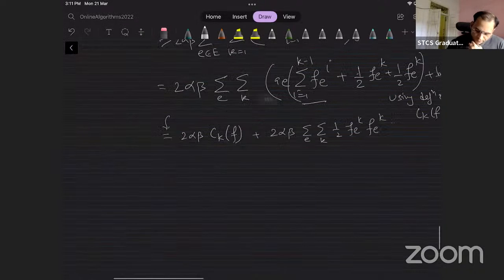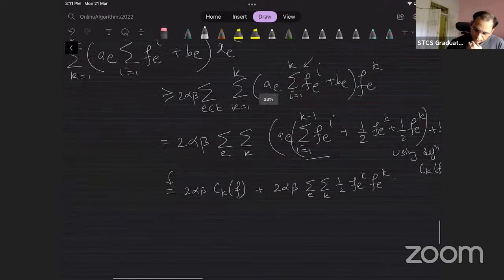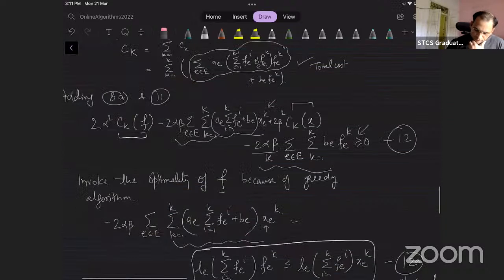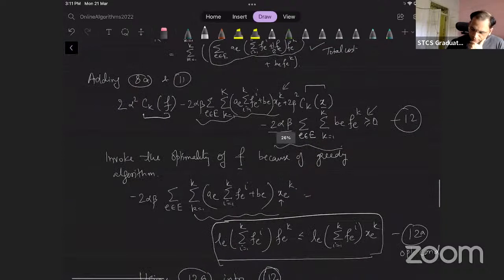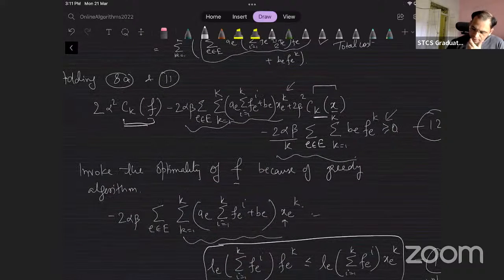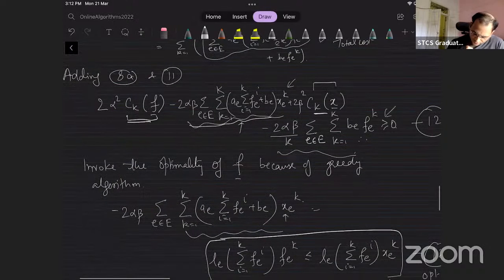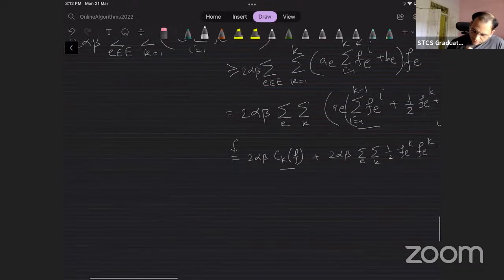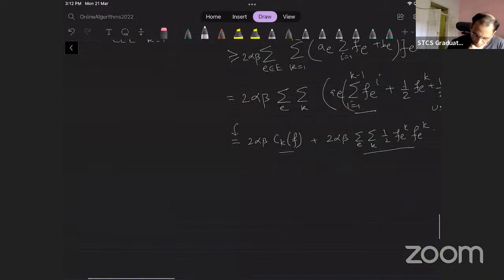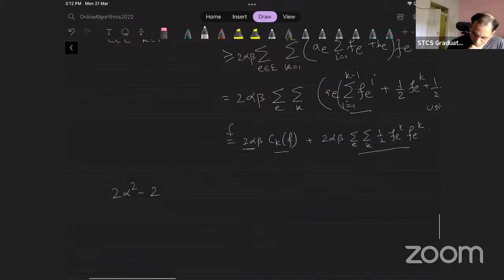Okay, so what have we done? So we were here. We had CKF on this side, CKX on this side. This annoying term which involved f_e and x_e, and this term which only involves f_e. So we have not yet got rid of this. We are trying to write this again in terms of the CKF plus some f_e times f_e. So I'm just going to use that. So you get 2 alpha squared, and this will now give rise to 2 alpha beta CKF, because this is the minus sign.